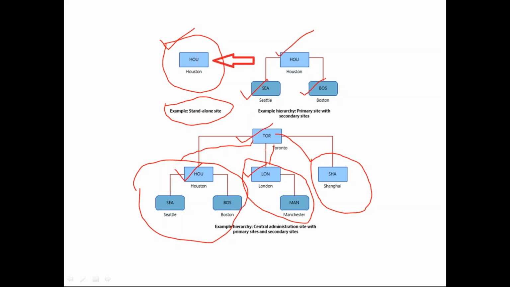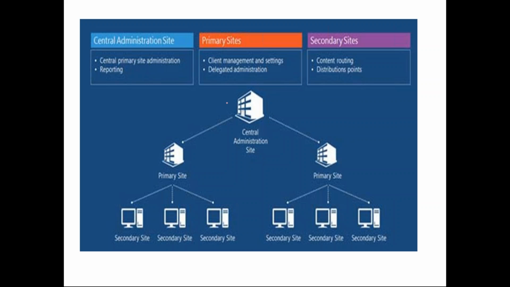Any confusion in this hierarchy? Anyone? No, sir. Very good. So you can have this kind of structure: central administration site sitting on the top of the hierarchy, then primary site and secondary site.